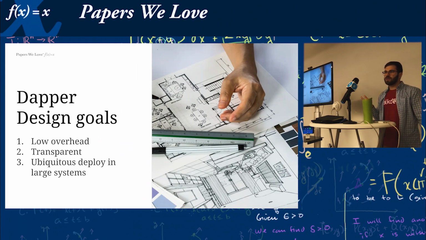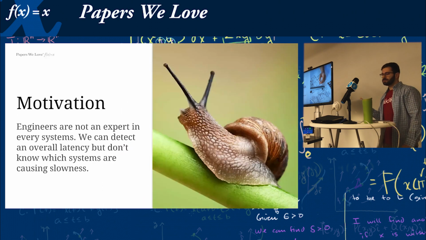They wanted to design a tool called Dapper with 3 design goals: being low overhead, being transparent to the applications, so not requiring a lot of code changes, and being ubiquitous, so not requiring a lot of infrastructure effort every time a new application is deployed.